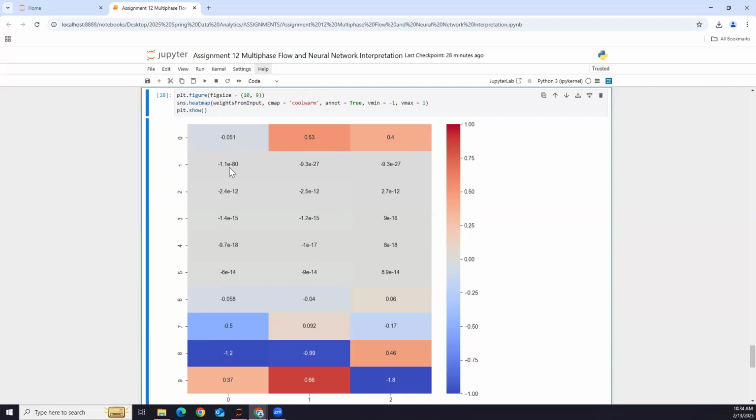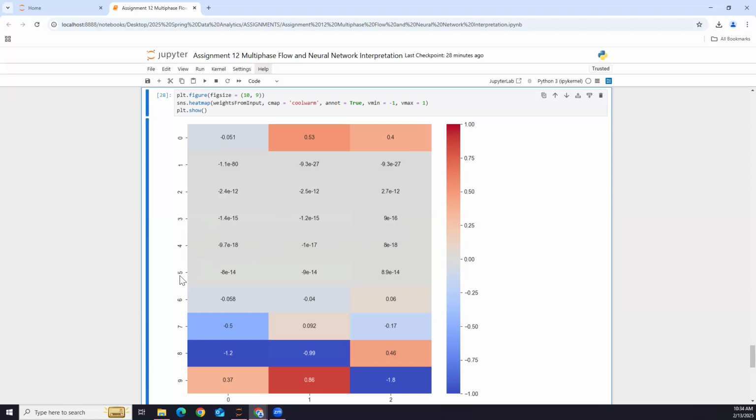On the other hand, if you look at the weights associated with input 1, we're looking at very small values, 10 to the negative 80, 10 to the negative 27. And likewise for input number 2, we're looking at very small weights. For input number 3, very small weights again. Input 4 as well, and input 5 as well.